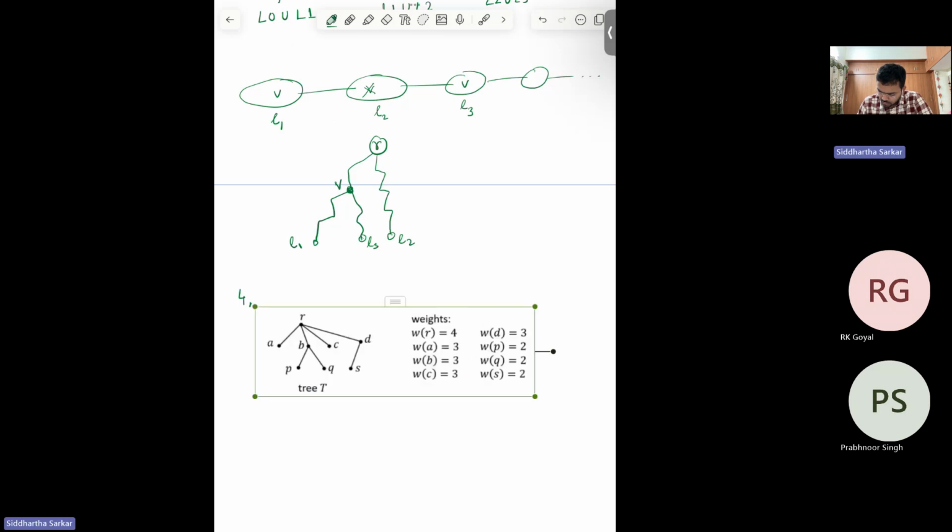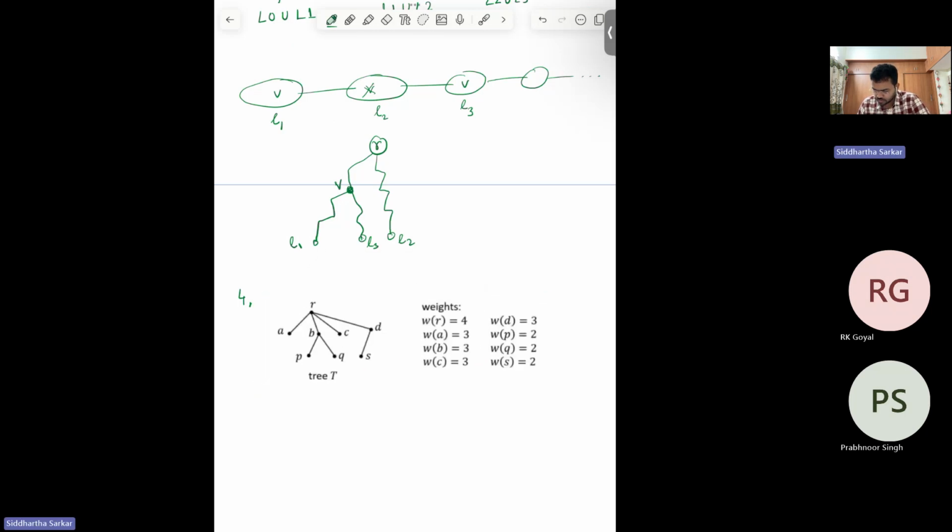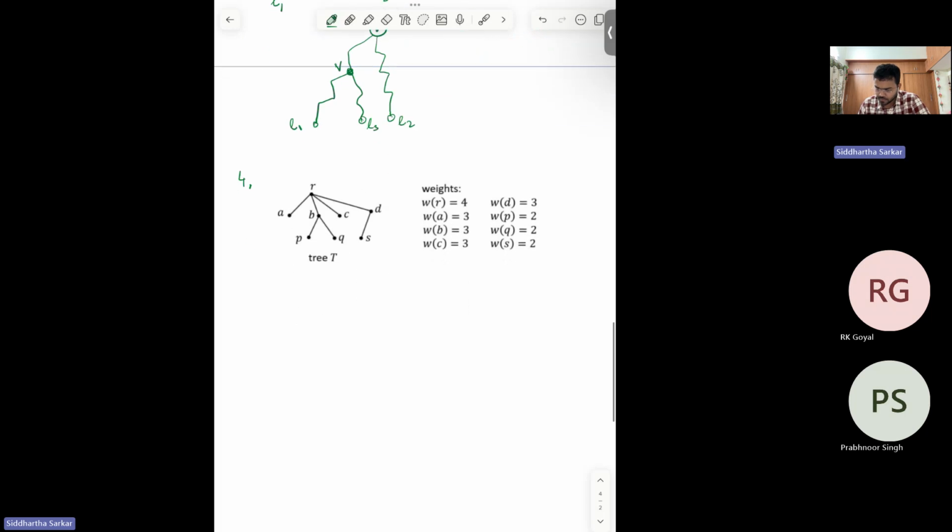So you have a graph. In the graph, it is not possible to solve it in polynomial time. You have a tree. So I will write down the weights on the vertices. R has weight 4, A has weight 3, B has weight 3, C has weight 3, D has weight 3, P has weight 2, Q and S are all 2.